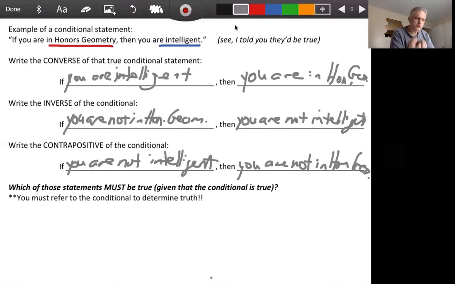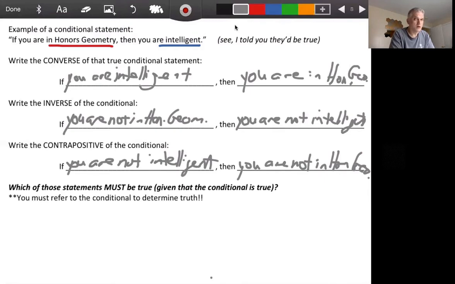If we take for granted that if you are in honors geometry, then you are intelligent, because it is true, then let's look at the converse. If you are intelligent, then you are in honors geometry. So is it true that everyone that is intelligent is in honors geometry? No, that is not true. There are intelligent people that are not in honors geometry.